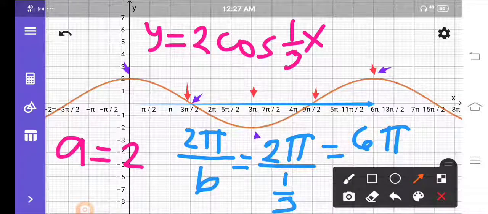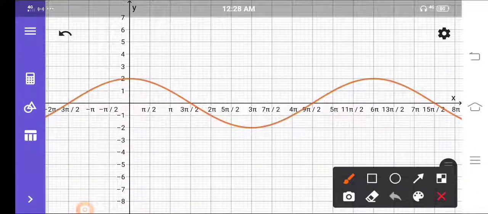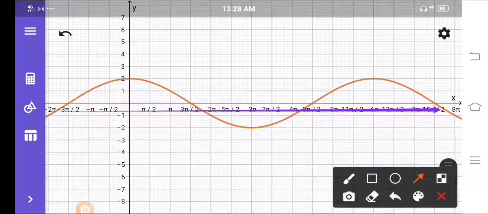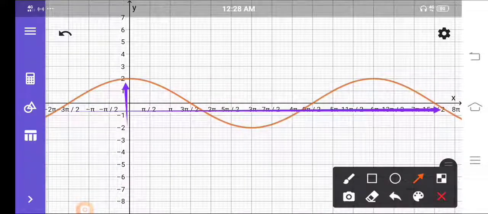So those are the key points. So our domain is from negative infinity to positive infinity. The range is from negative 2 to positive 2. Our maximum value is 2, then the minimum value is negative 2.